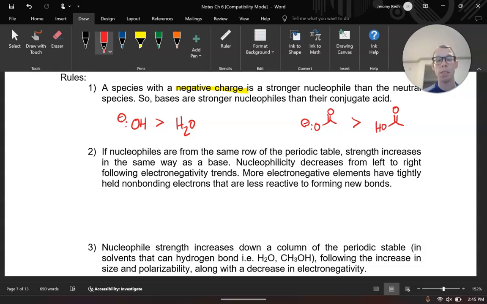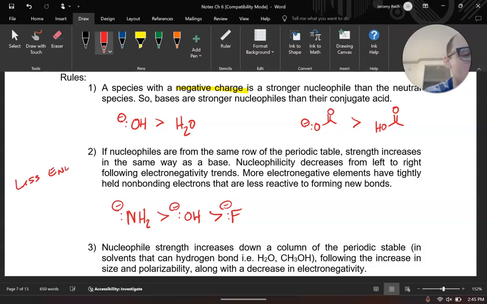More electronegative elements are really tightly bound with those electrons, and they're therefore less reactive. So if we were considering nitrogen versus oxygen versus fluorine, NH2 with a negative charge is going to be better than an oxygen with a negative charge, which is better than a fluorine with a negative charge. The key idea here is that less electronegative is going to give you stronger values.